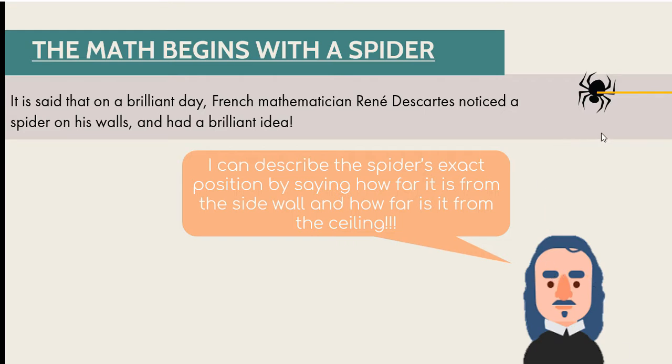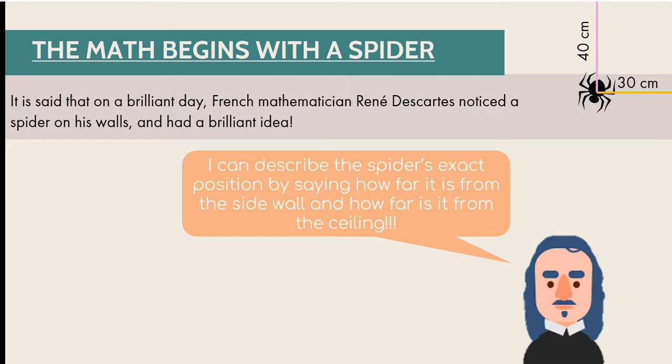We measure the distance from the spider to the side wall and the distance from the spider to the ceiling. Let's say it is 30 centimeters away from the side wall and 40 centimeters away from the ceiling. So the two numbers 30 and 40 combined together will give the exact position of the spider. And can you see that?